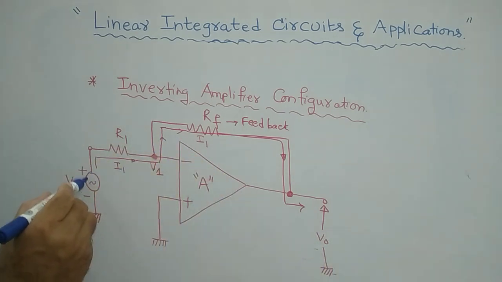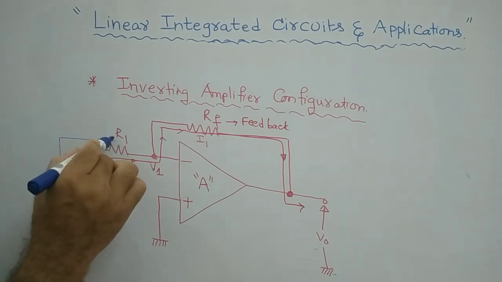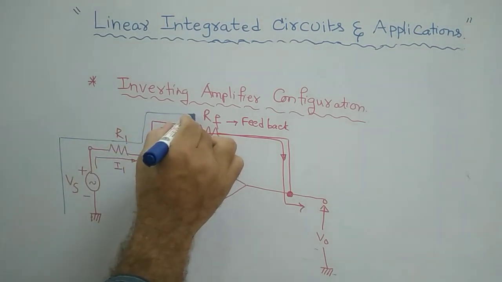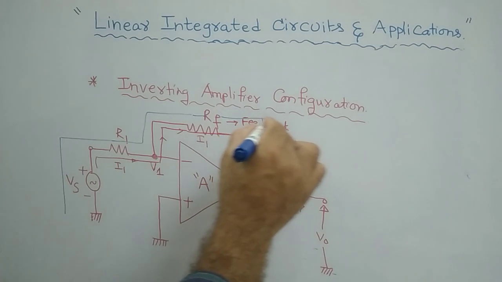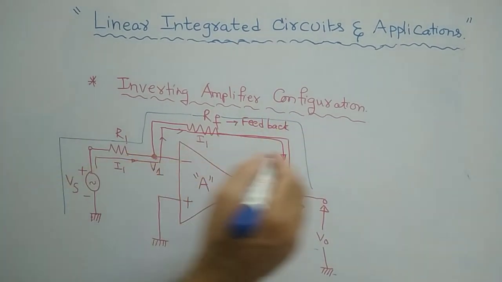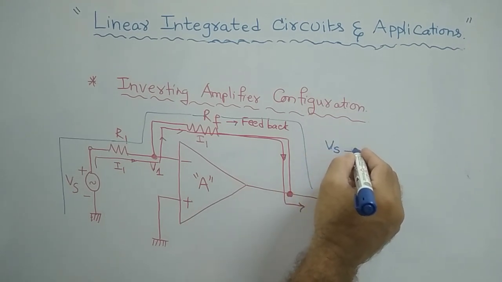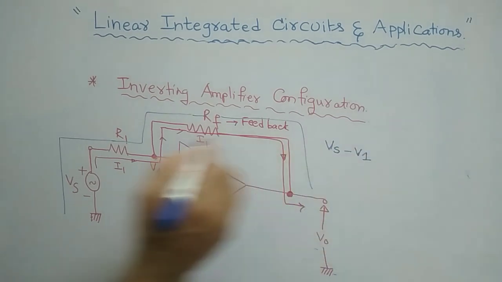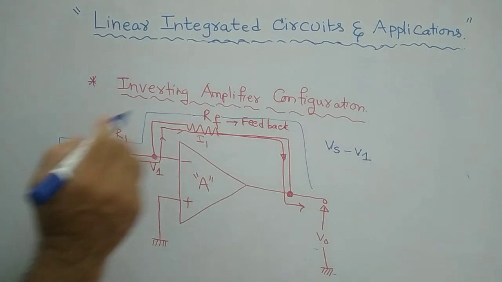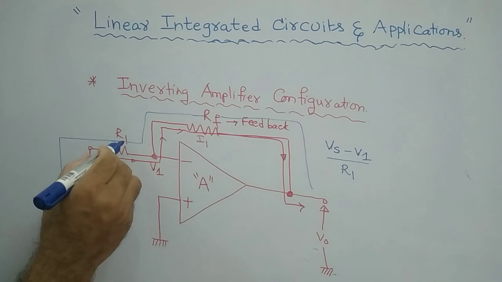Now coming to this particular loop, from here to this particular loop. For this loop, if you apply KVL, then simply I can write Vs minus V1. Vs minus V1 by R1, can I write like that?